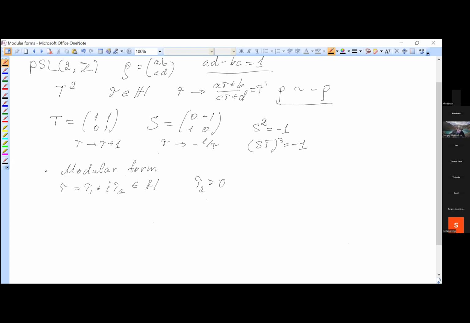A modular form is a holomorphic function on the upper half plane, so h(tau) is holomorphic on H, and we impose an additional condition that it is also bounded as tau2 goes to infinity.